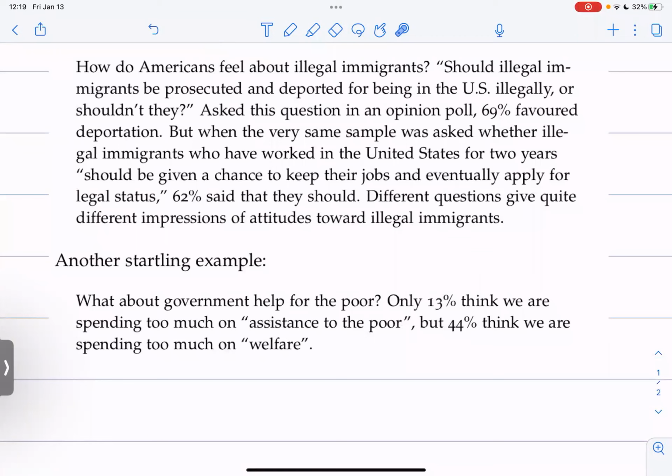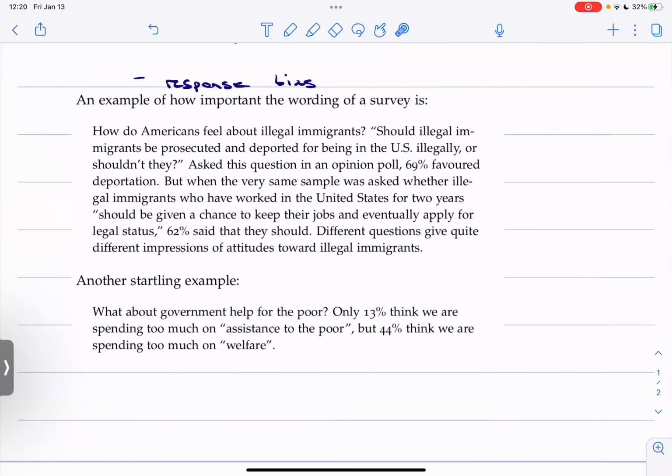And remember, we're asking the same people here, but then 44% of those people think that we're spending too much on welfare, which is what? It is assistance to the poor, right? And so it's just a choice of wording that makes a huge difference, right? You can kind of get the gist, or you've probably read it already.